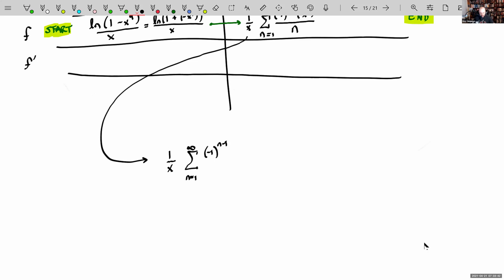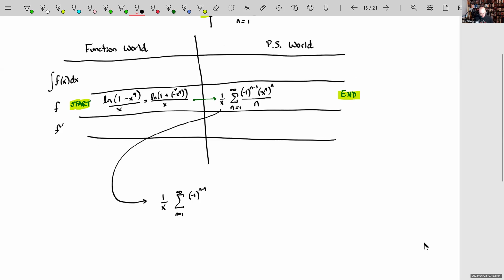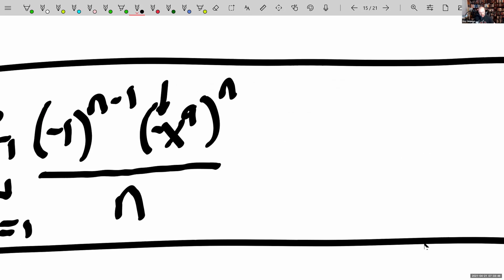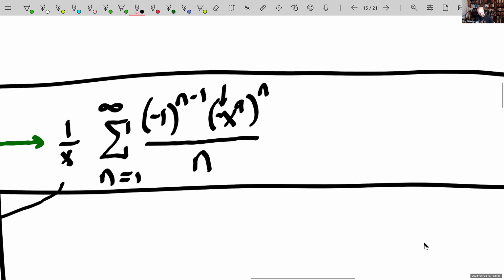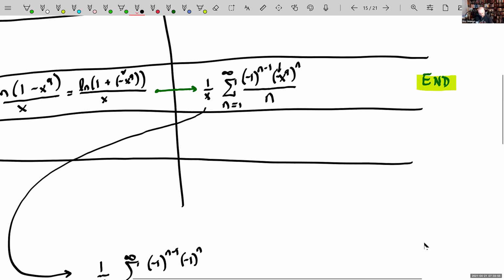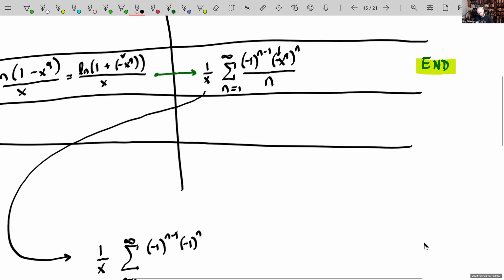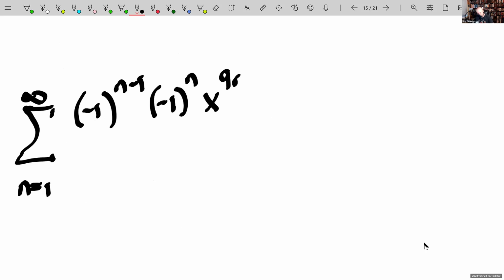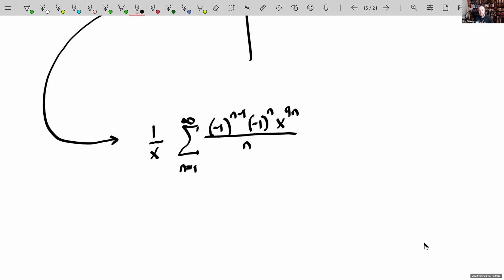And then we have a negative to the nth. So a negative 1 to the nth. I'll just go ahead and do that. And an x to the ninth to the nth, which is x to the 9n, all over n. Slowly cleaning this up.